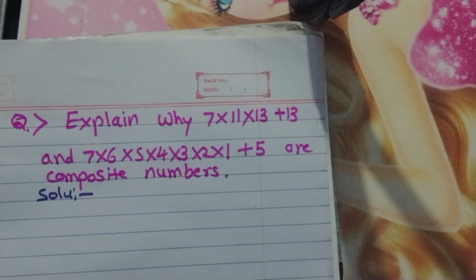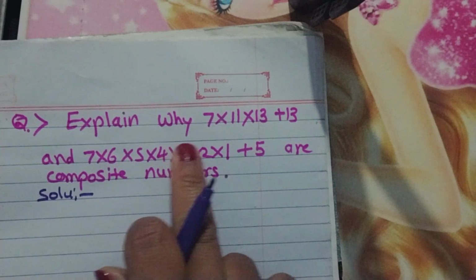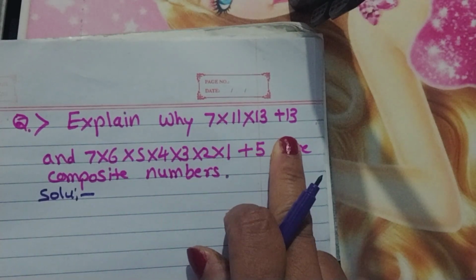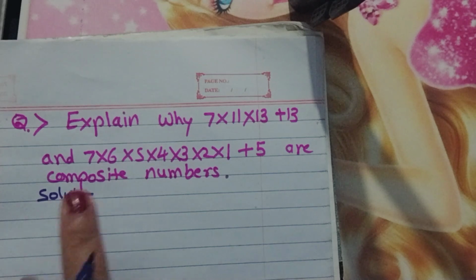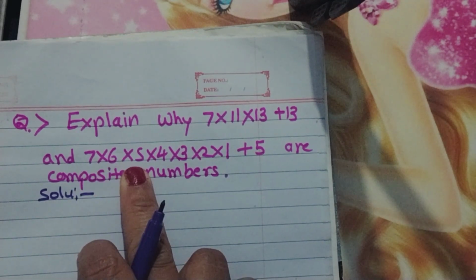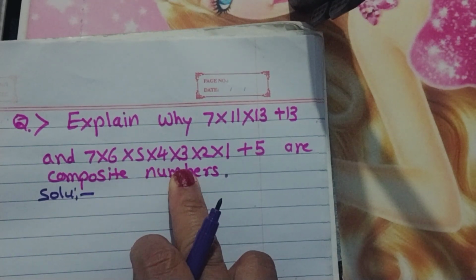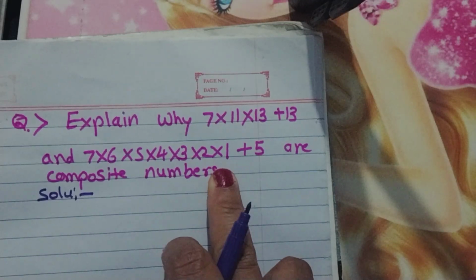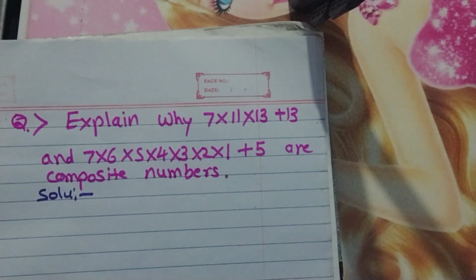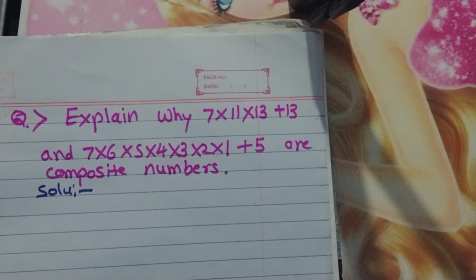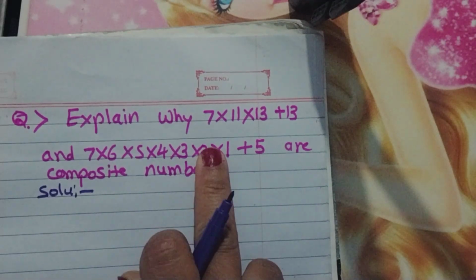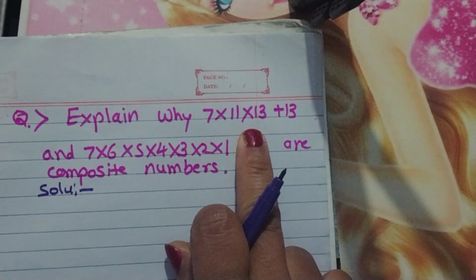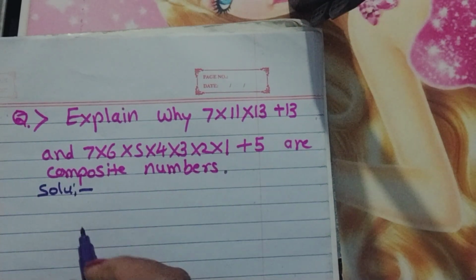So we have to give the reason why these numbers are composite numbers. We give the reasons one by one. First we take the example of 7 multiplied by 11 multiplied by 13 plus 13.